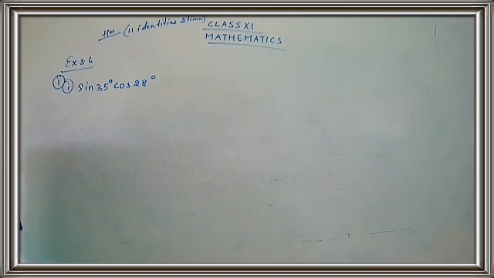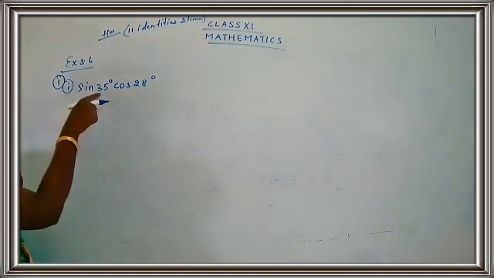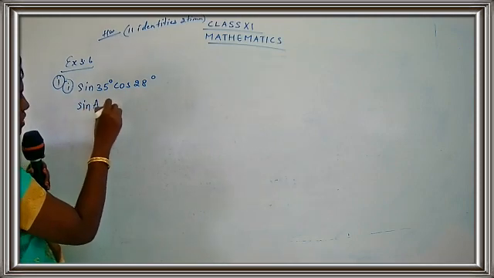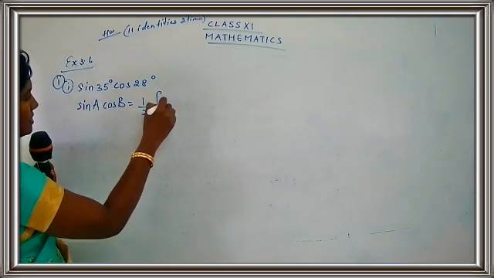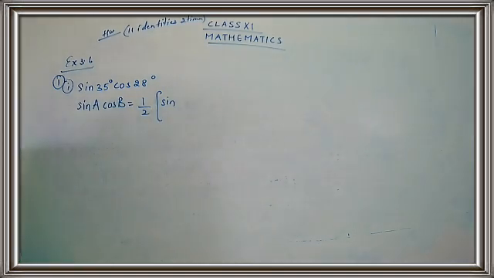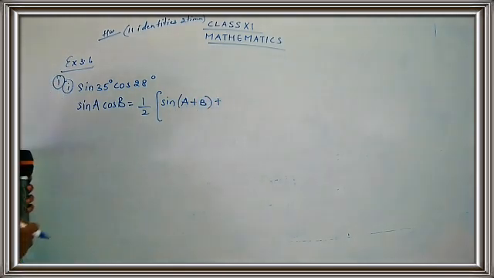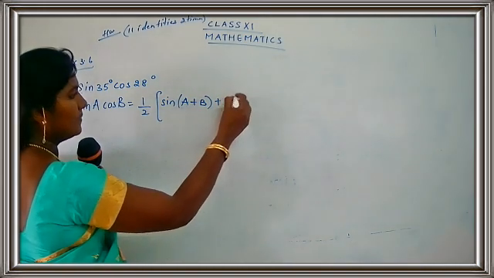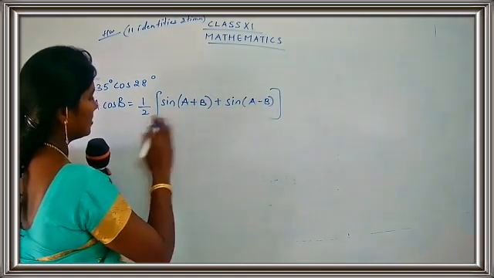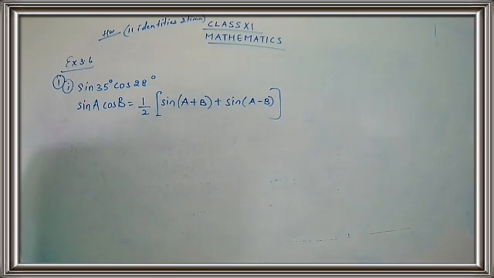So write down the formula for sine A cos B. This is of the form sine A cos B. Sine A cos B is equal to half of sine A plus B plus sine A minus B. When you have two different functions, the formula is with sine, and when you have the same functions, you use cos.